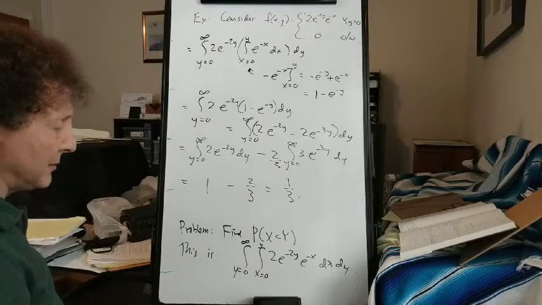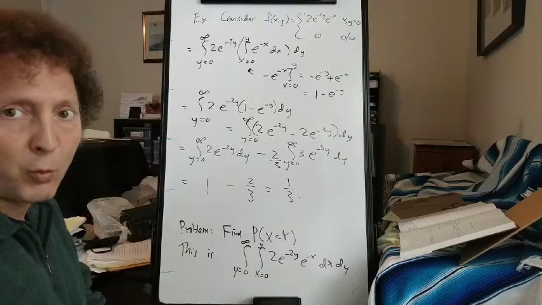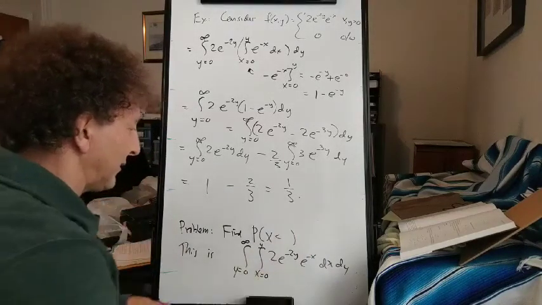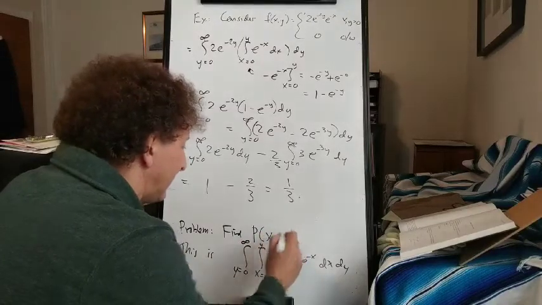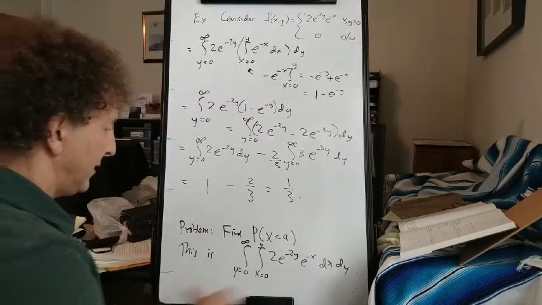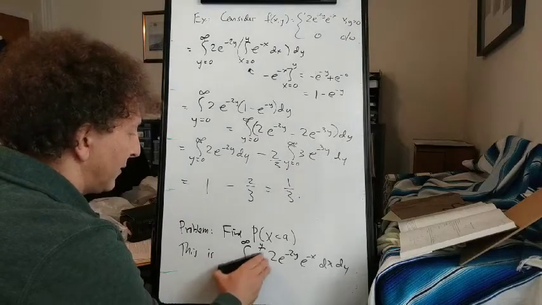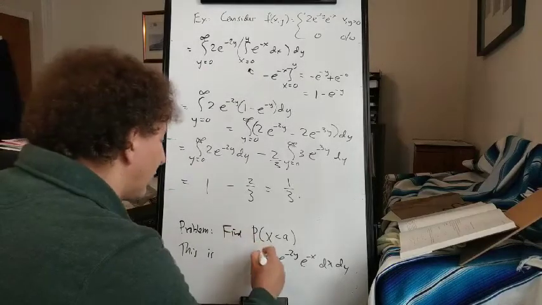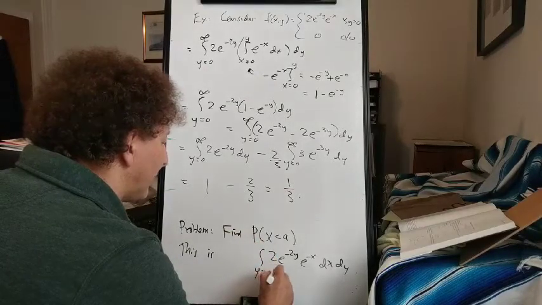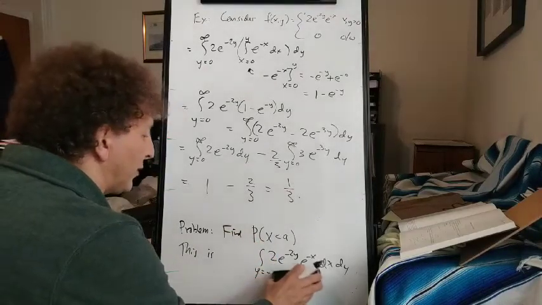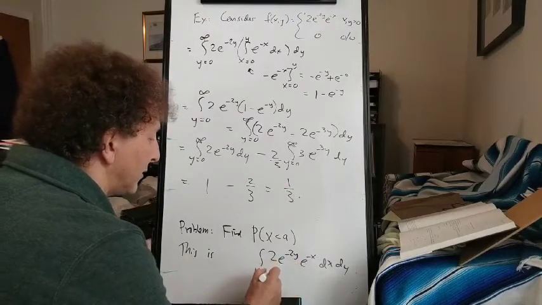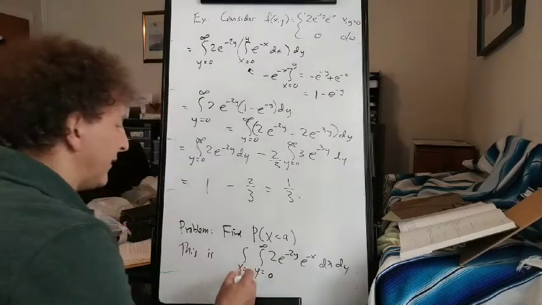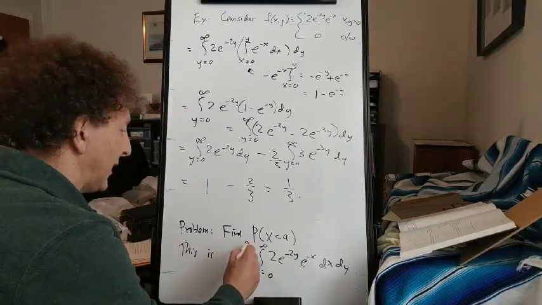Alright, now let's compute a probability that involves only one of the random variables. Let's find the probability that x is less than some value, let's say a. So this is the integral. We'll get rid of all of the y's. The integral as y goes from 0 to infinity, and the integral of that as x goes from 0 to a.